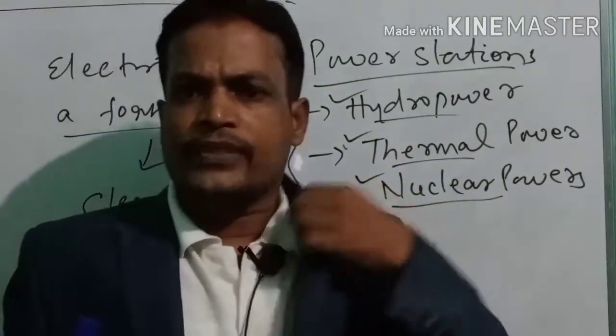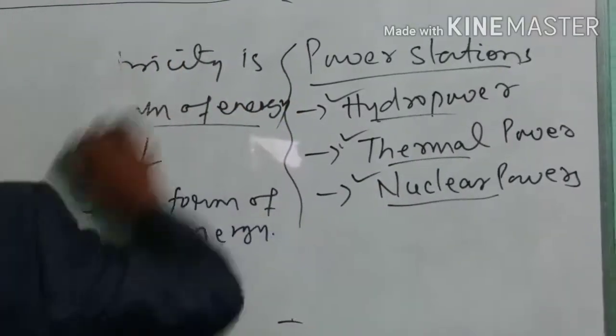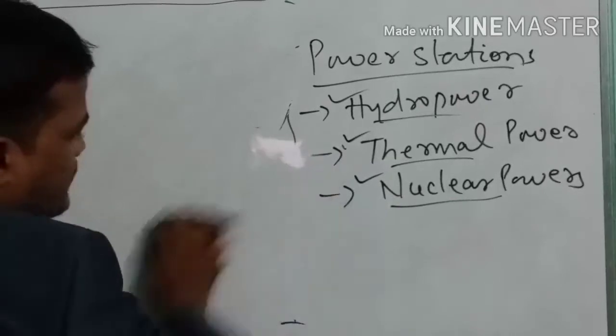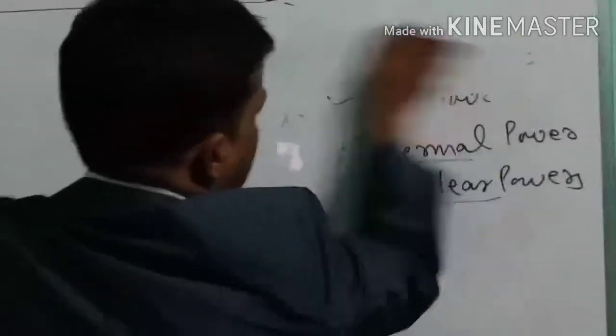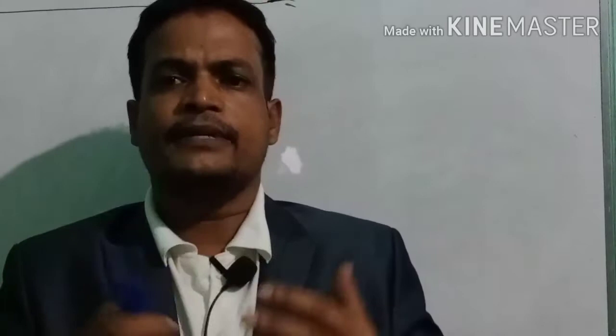So let us see. Then see, from one place to another place, by which materials does the electric current flow from one region to another region?